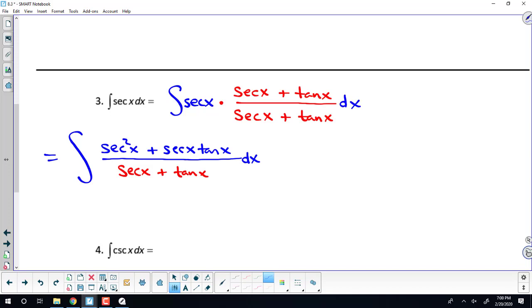So now the derivative of the denominator is the numerator, so this is now in logarithmic form. So the antiderivative, what would that be? Natural log of the absolute value of secant x plus tangent x, the natural log of the absolute value of our denominator.